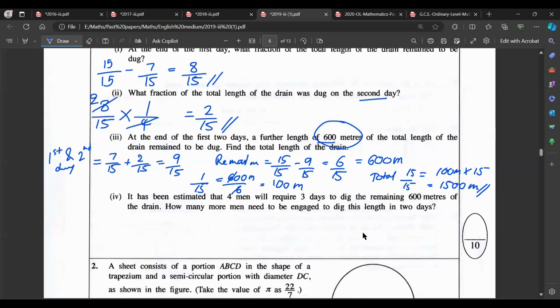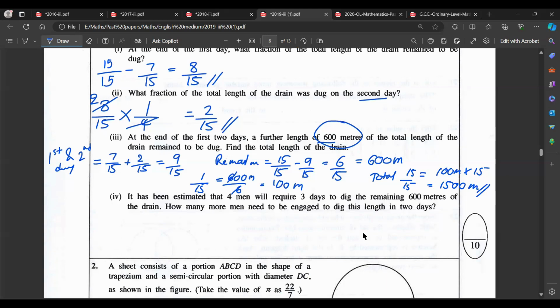First day 7, second day 2, 7 plus 2, altogether 9 parts are done. So remaining out of 15 there are 6. That 6 out of 15 is 600. For one part, 1 out of 15 should be 100. So total 15 out of 15 is 100 into 15.